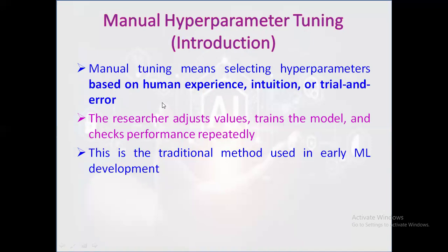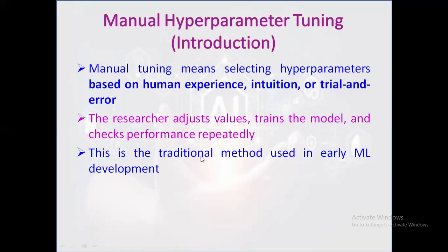This method is simple but may not always guarantee optimal results. Next, researchers adjust values and check performance repeatedly. The process involves repeatedly training the model with different hyperparameter values and observing how performance changes. Based on these results, further adjustments are made until acceptable performance is reached.